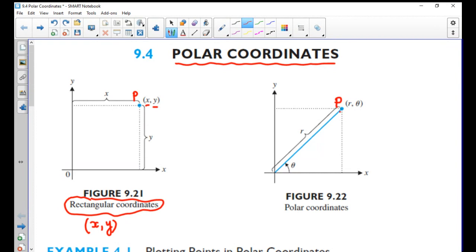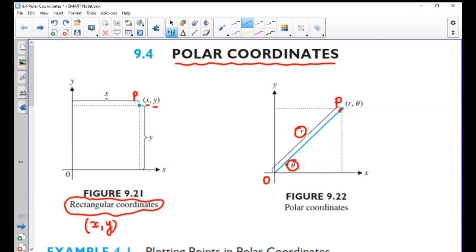Now, we define the polar coordinates like this. Suppose you take a point P in the plane and you draw this blue line from 0 to the point P, and this angle theta here that the blue line makes with the positive x-axis, this is the angle theta, and the distance OP is r, like this.